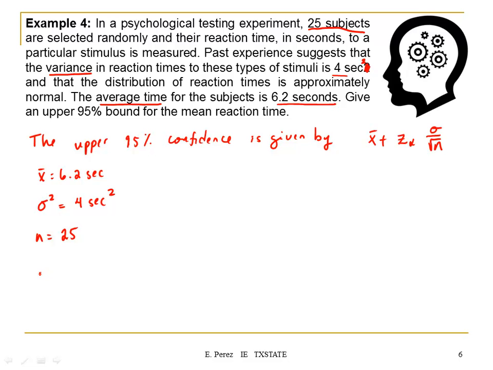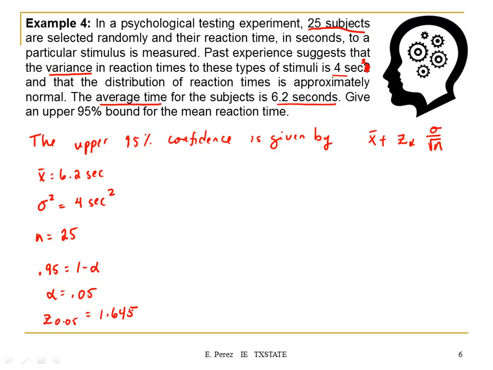So again, we're interested in 95%. So 95% equals 1 minus alpha. Alpha equals 0.05. So the value of z for 0.05 is 1.645. Again, this is coming from the standard normal table that I shared with you in one of the first lectures of this third part of the course. So we have all the information we need.